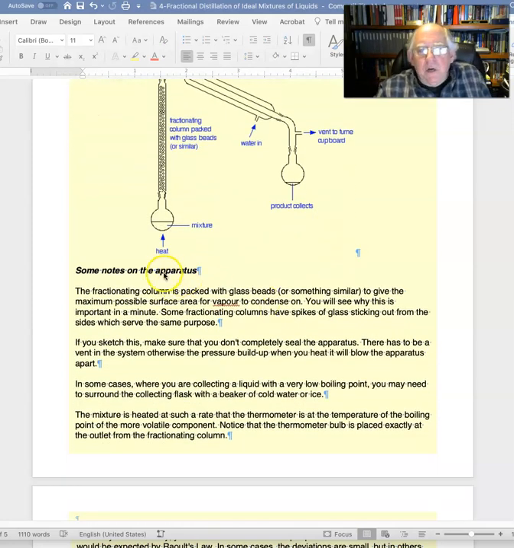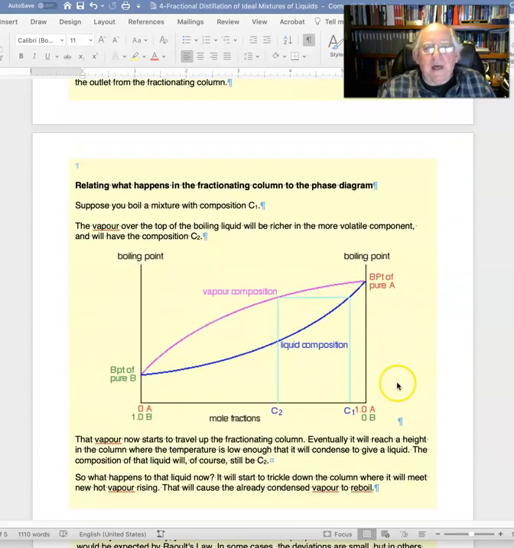There are some notes as to this being a piece of laboratory equipment you might find in a chemistry lab, and you can see some of the notes associated with that. And again, what's actually happening, as we discussed before, is that the vapor over the top of the boiling liquid will be richer and richer in the more volatile component, and it will eventually reach a certain point.